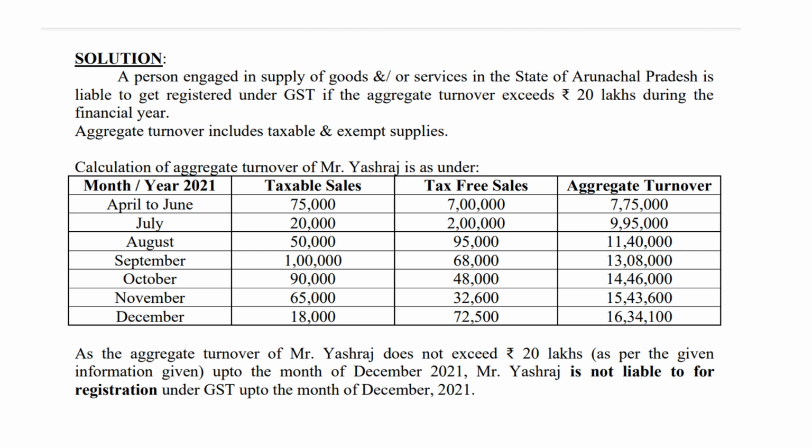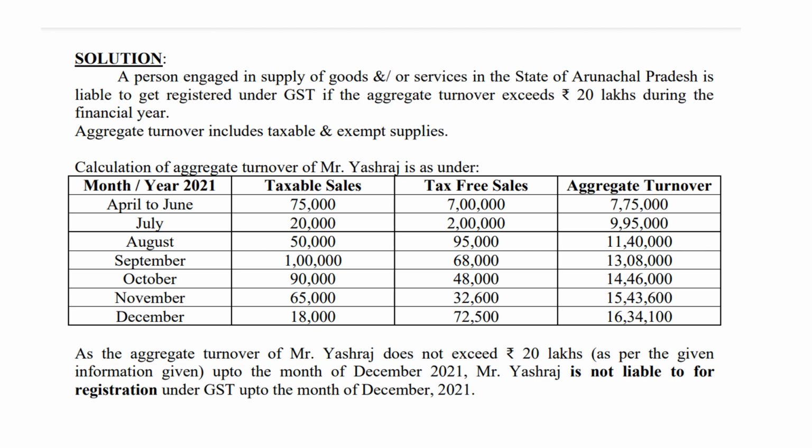In the month of December, taxable sale is 18,000, tax-free sales is 72,500, and the aggregate turnover for November is 15 lakhs 43,600. Adding these, you get 16 lakhs 34,100.